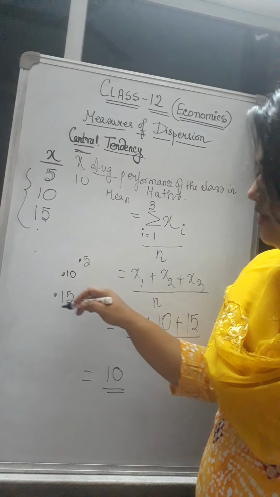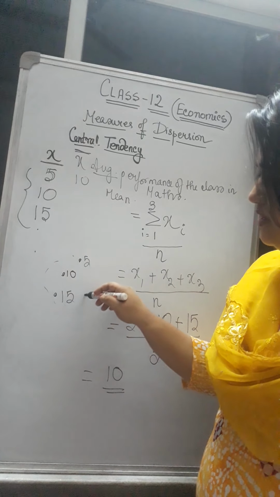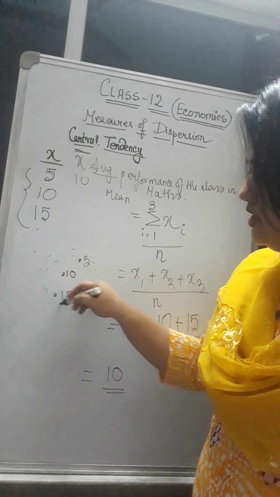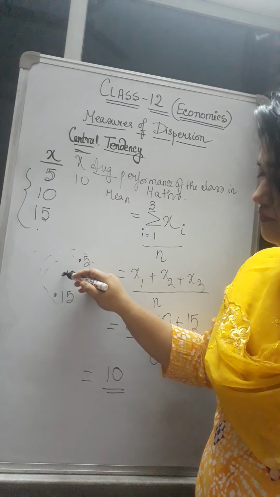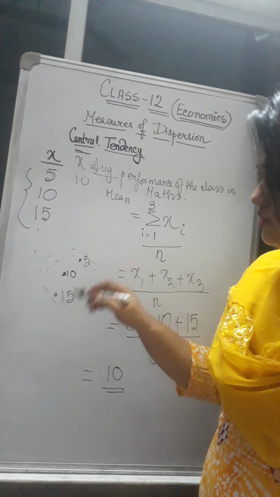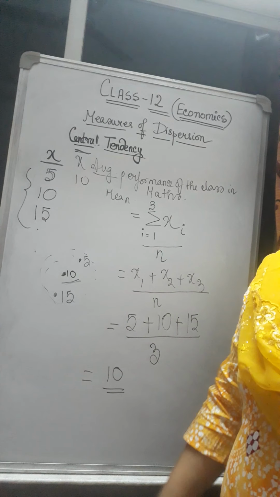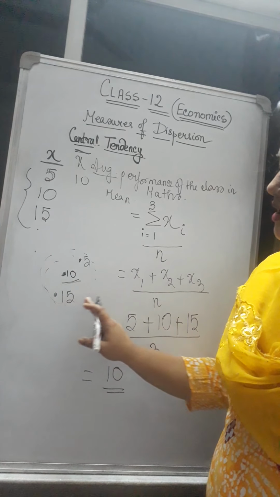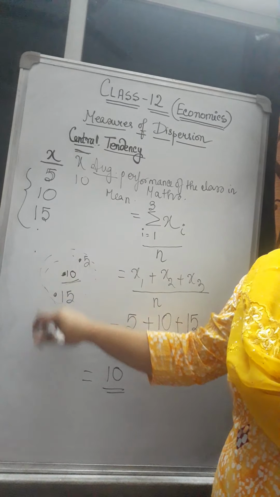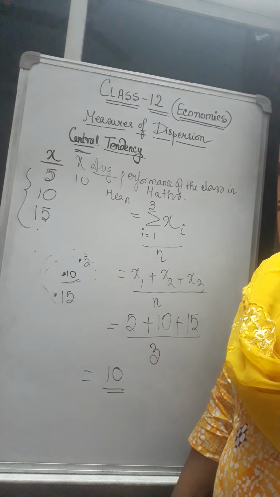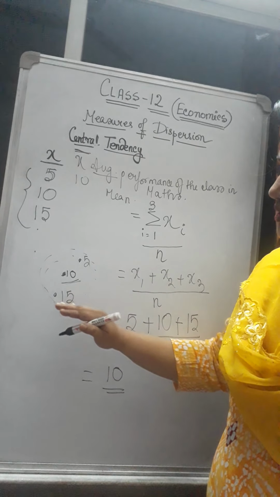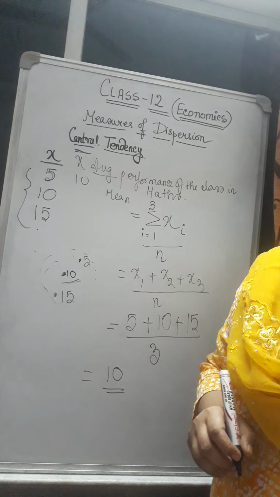All the values lie close to the average value. So the average gives you the middlemost value around which all the actual values that the variable takes lie. This is known as central tendency.